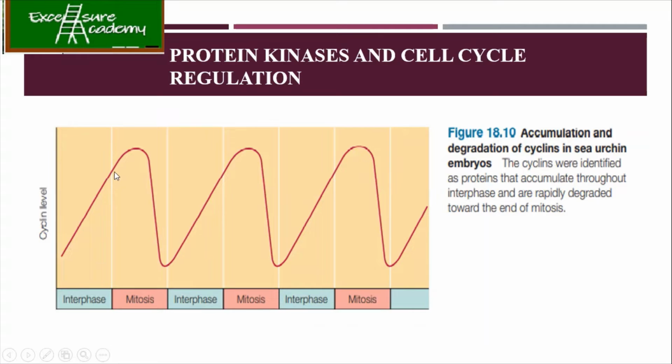In mitosis, it is the maximum. Towards the end of mitosis, it starts declining, right? And again, when the cell enters interphase, it is increasing. During mitosis, it's the maximum, and again it is rapidly degrading towards the end of mitosis and the cycle continues. Clear? So those are known as cyclin A and cyclin B.